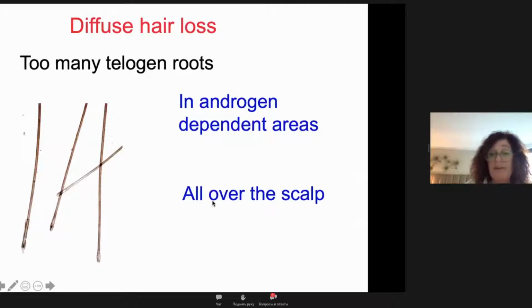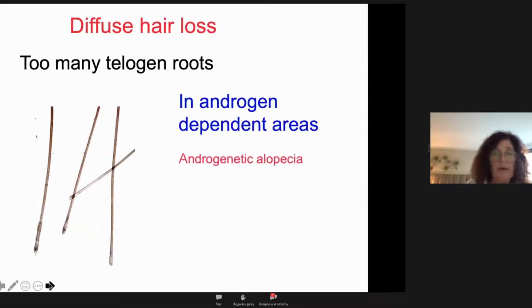If it's positive all over the scalp, that means that androgenetic alopecia is associated with telogen effluvium, which may happen and, of course, changes your treatment. So the androgen-dependent area is just androgenetic alopecia.